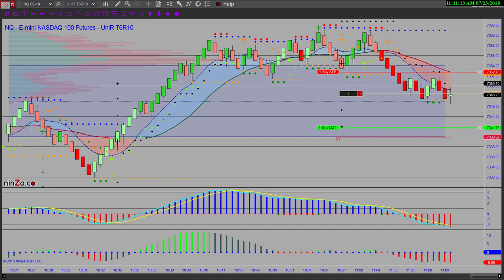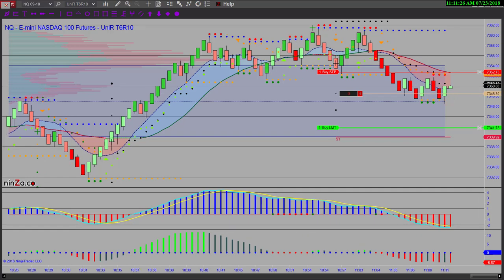The trend is ever so slightly to the downside. The momentums are slightly to the downside. Got to get below 47, and we're not going to do it. Just spent way too much time right there at that 47 level.